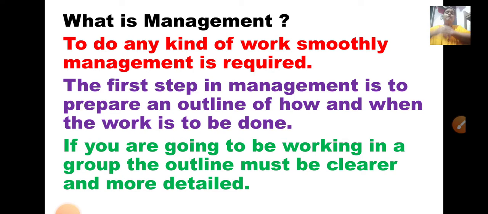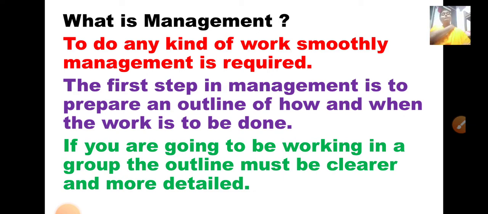Okay. Second point, if you are going to be working in a group, the outline must be clearer and more detailed. Now suppose your friends in a group are working, okay, so you need to prepare an outline and it must be clear that you are going to do this subject, your another friend is going to do this subject, I am going to do this particular subject.